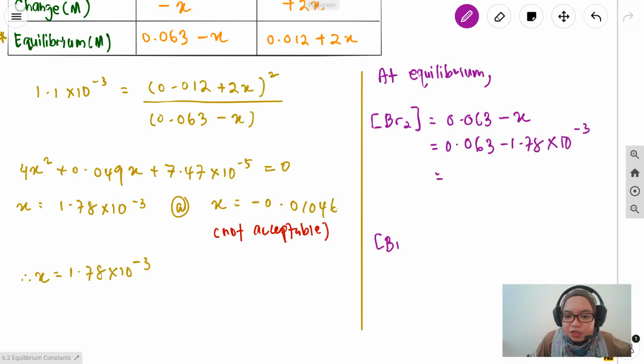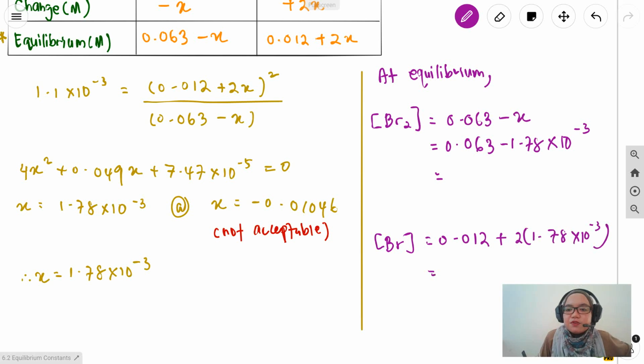And the concentration of Br is supposed to be 0.012 plus 2 times 1.78 times 10 negative 3.